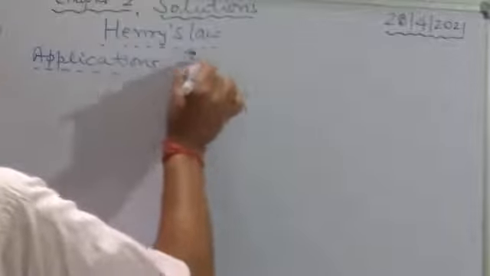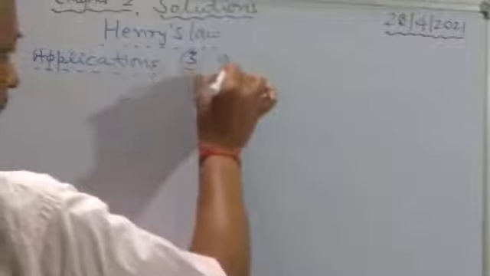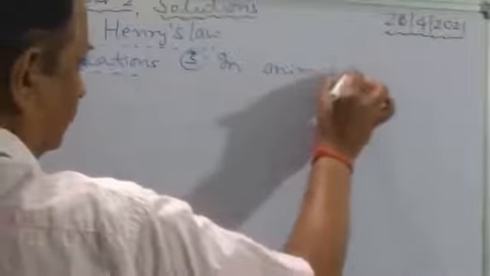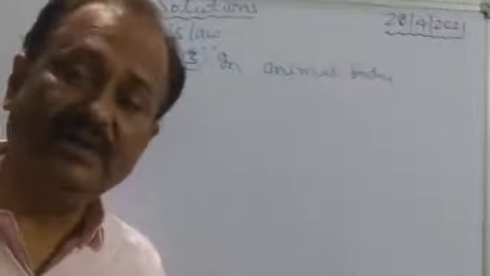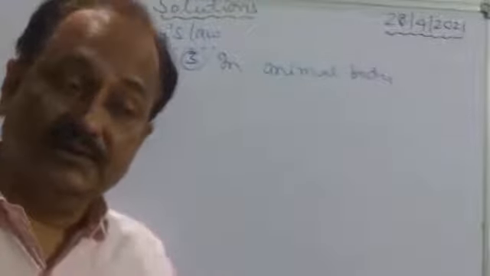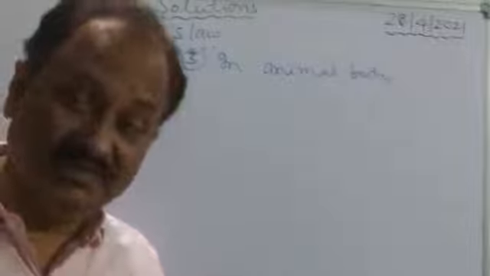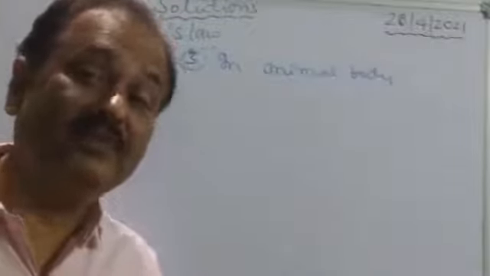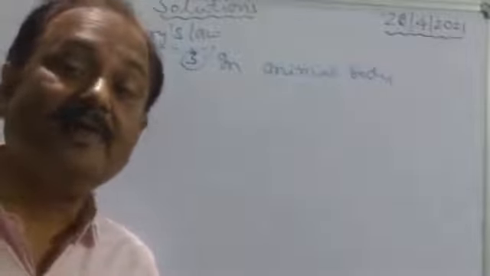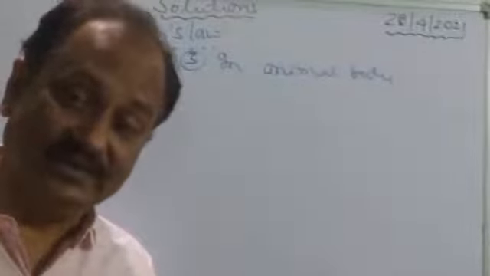Now third application is in the animal body. And you know that in our body, in all the animals or human beings, the dissolution of oxygen in the blood, in the lungs takes place. And how does it take place? It takes place by the concentration gradient.